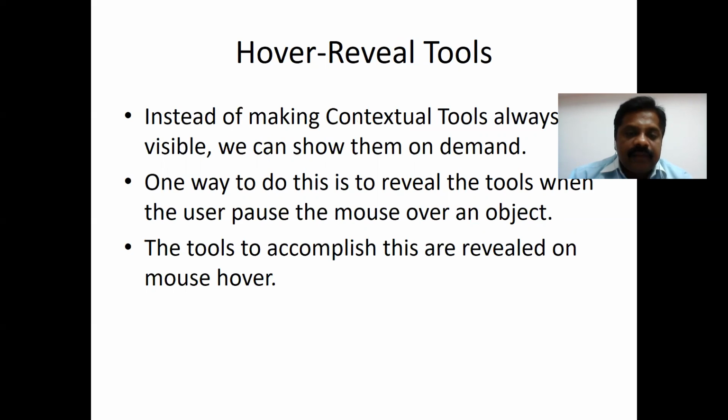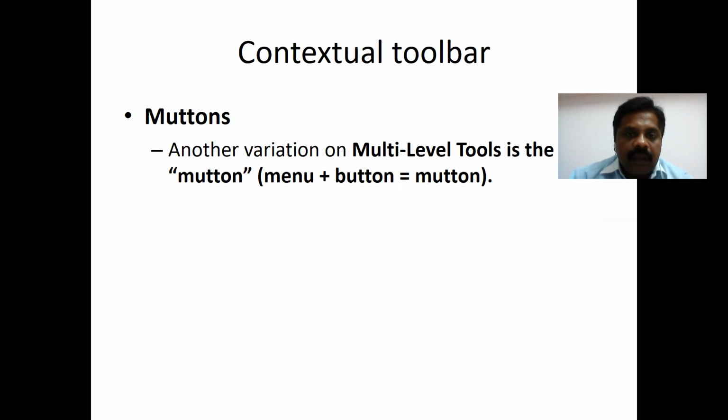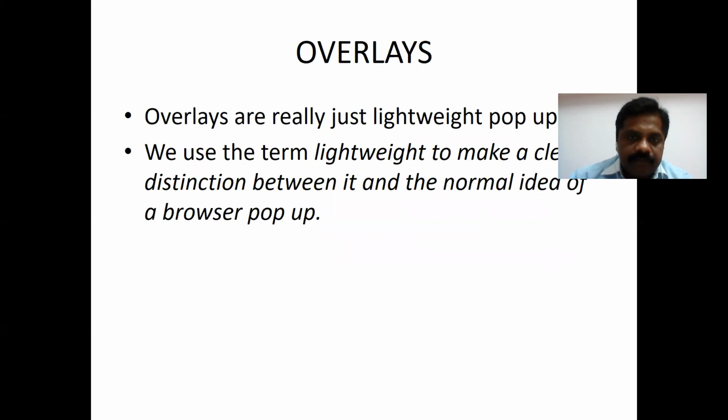One way to do this is to reveal the tools when the user passes the mouse over an object. The tools to accomplish these actions are revealed on mouse hover.